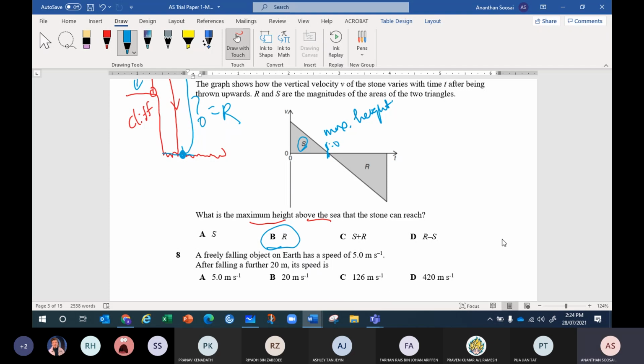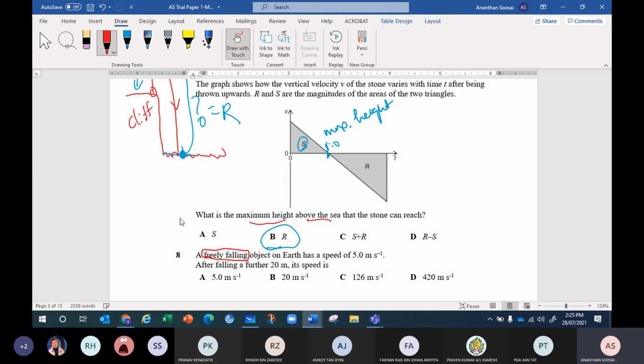A free falling object on Earth has a speed of 5 meters per second. After falling a further 20 meters, its speed is... It's a free fall, right? Whenever you see the word free fall, that means no air resistance.